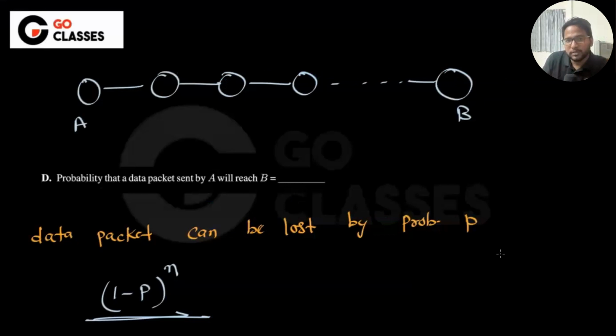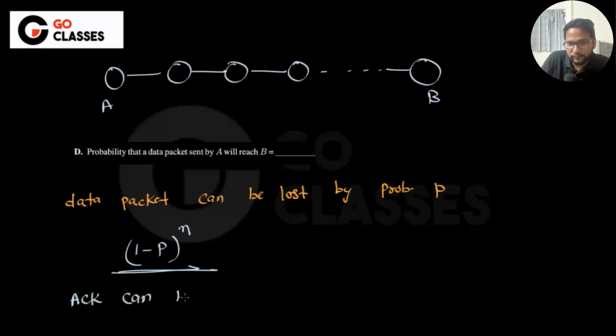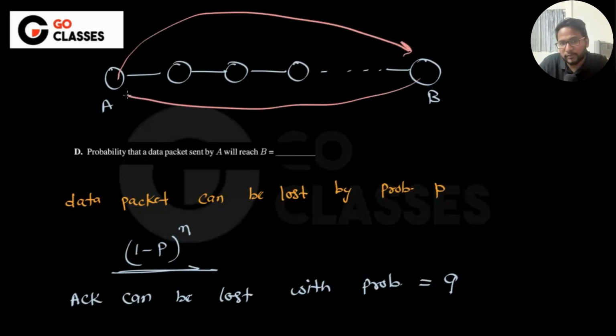Now suppose they give you that acknowledgement can also be lost, but with another probability. Suppose they say that acknowledgement can be lost with Q probability. Now, what is the probability that A sends the data to B successfully and also receives the acknowledgement from B to A successfully? There is just one data packet.